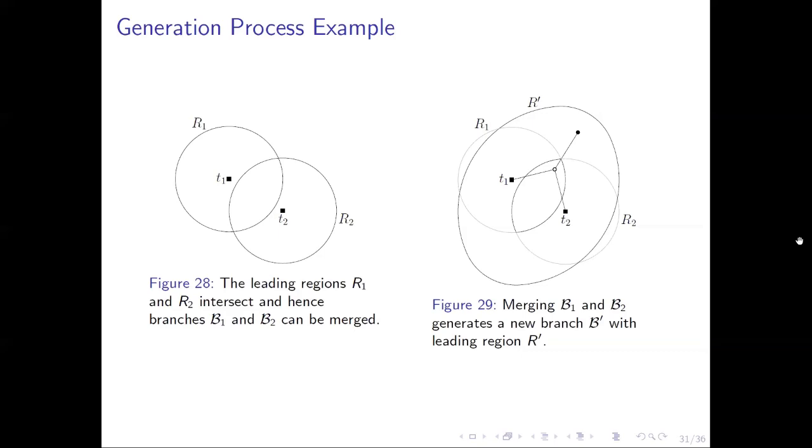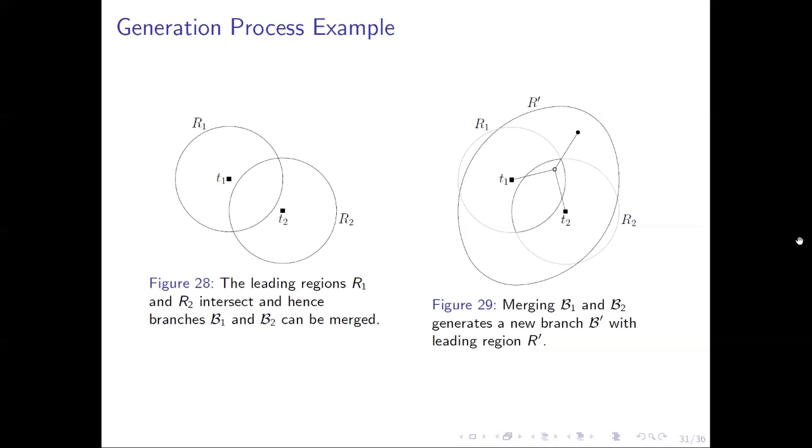So this means that we can merge these two branches together, because remember, this vertex must lie adjacent to T1 and also to T2. So it must lie within this intersecting region of the two regions. So we know this particular Steiner point is restricted to this intersection.